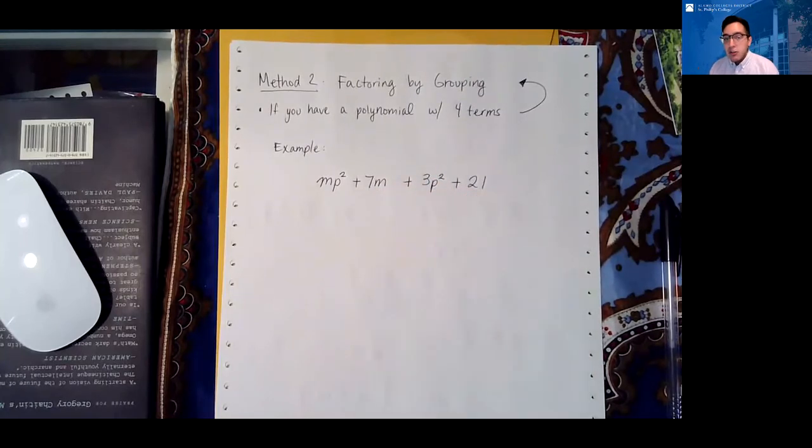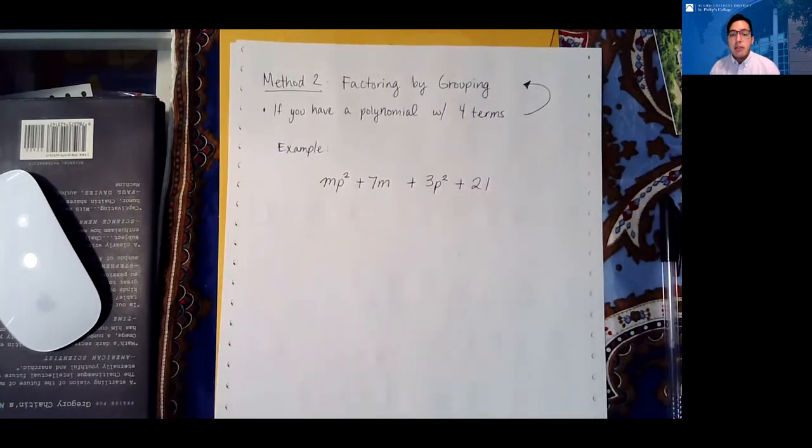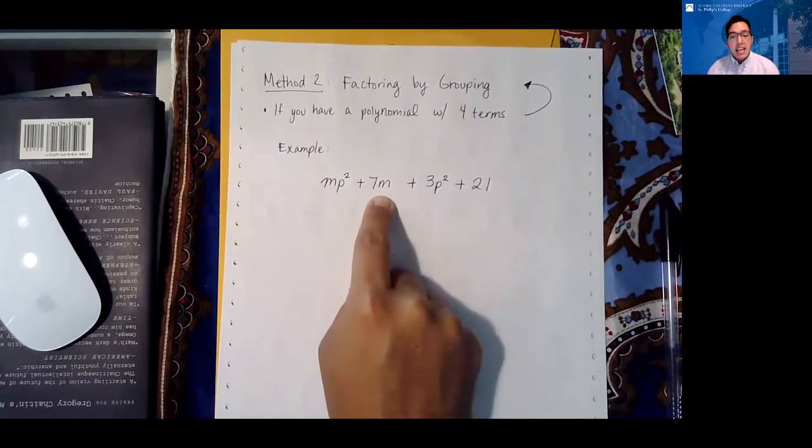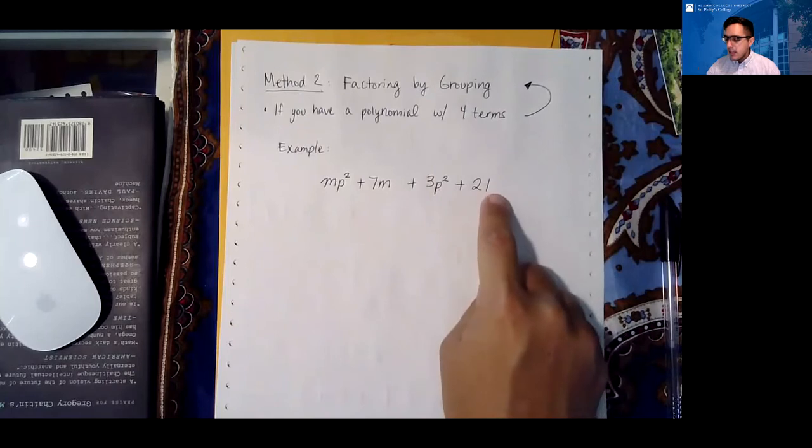Now, the first thing that you should always attempt in factoring a polynomial is checking to see whether all of the terms have some common factor. So if we look at these 4 terms, the first 2 terms look like they have a factor of m inside them. And the second 2 terms don't have an m, okay?